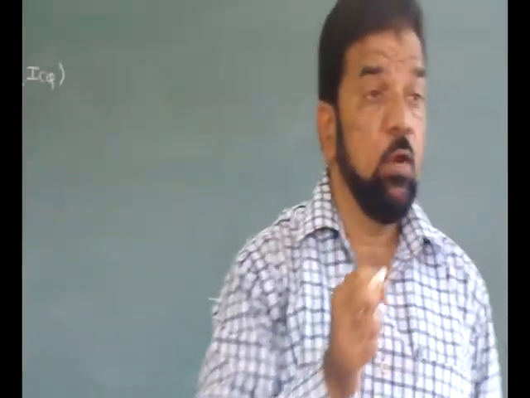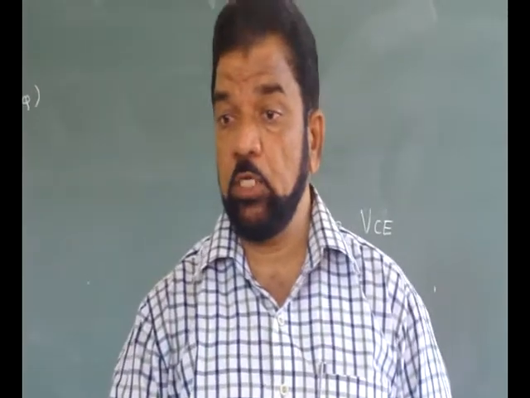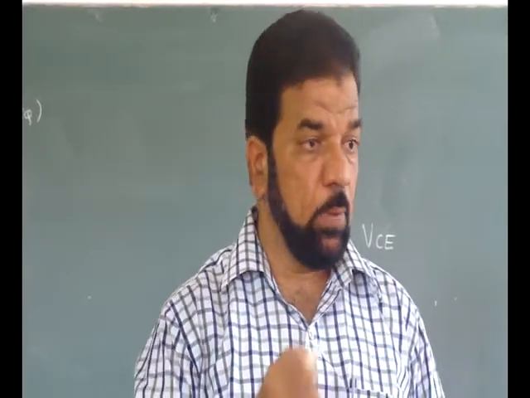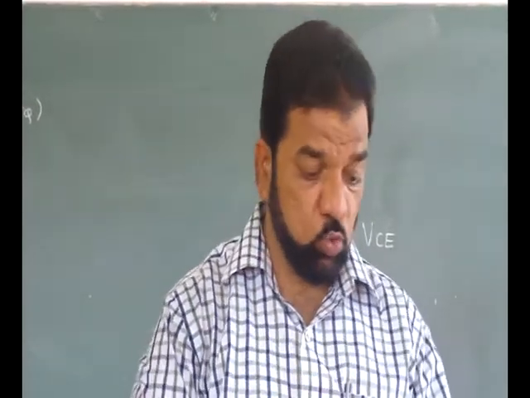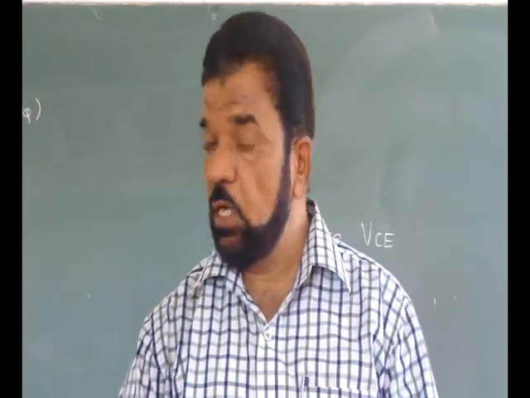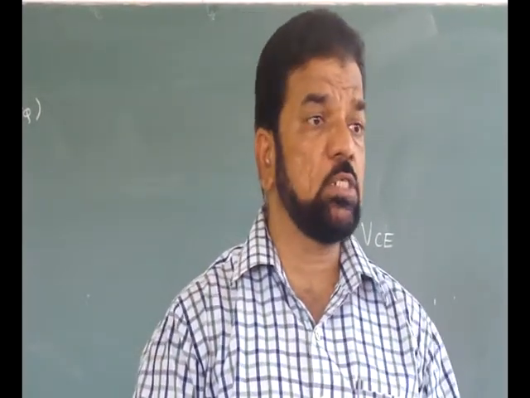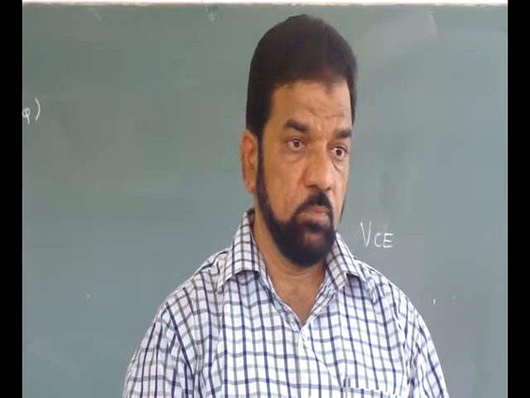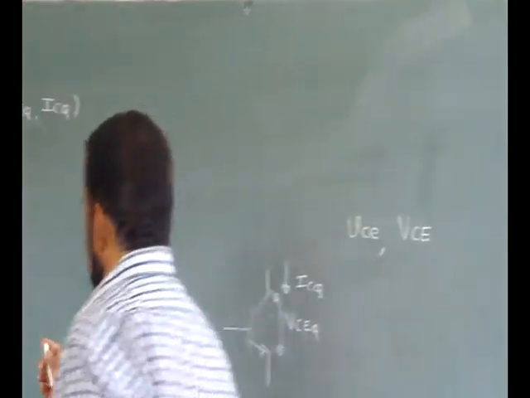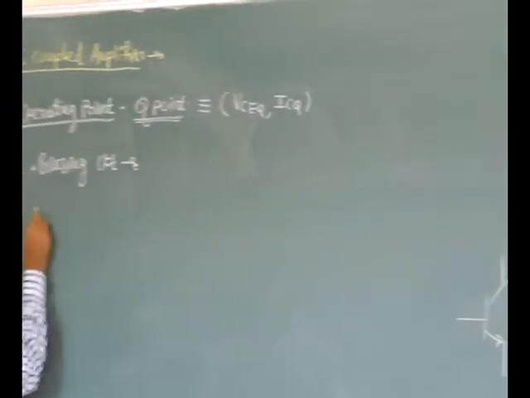Which circuit provides the operating conditions? Your answer is the biasing circuitry. When we are thinking of a biasing circuitry, a very important requirement is stability. So how do we think of the stability of a circuit?